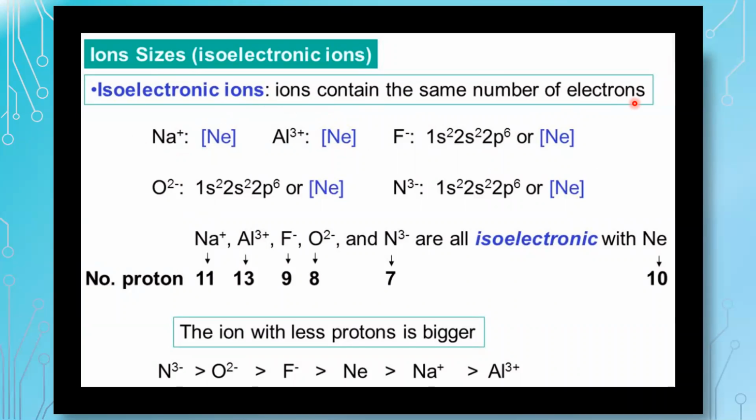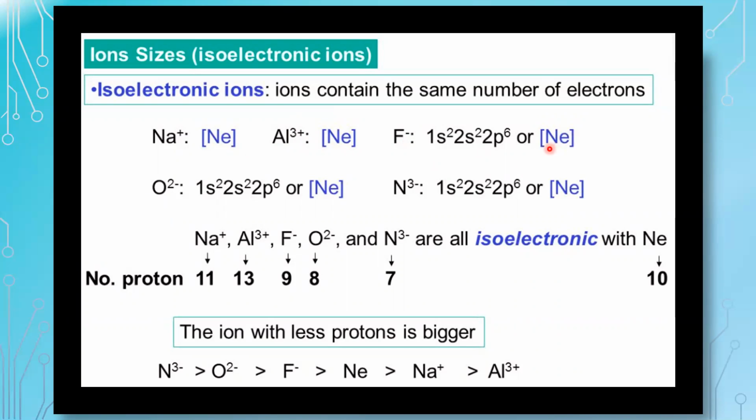For example, let's take the sodium ion. It has a neon core, that means 10 electrons. Let's take the aluminum ion, Al3+. That means 3 electrons are removed from aluminum, which is again a neon core. Then F-, fluorine has 9 electrons, minus 1 means it has gained 1 electron.